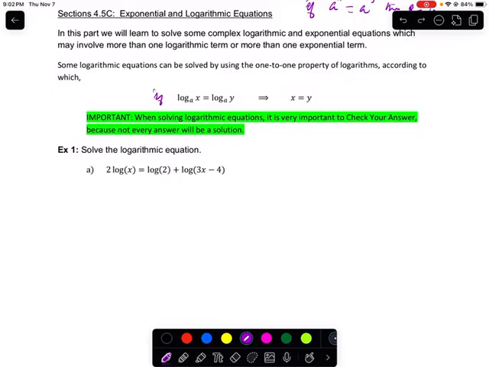So now let's look at the examples. Another important thing to remember before we start our examples is that when we are solving a logarithmic equation and we get an answer, we must check that answer by putting it in the original or given equation, because some of the answers may not be solutions.